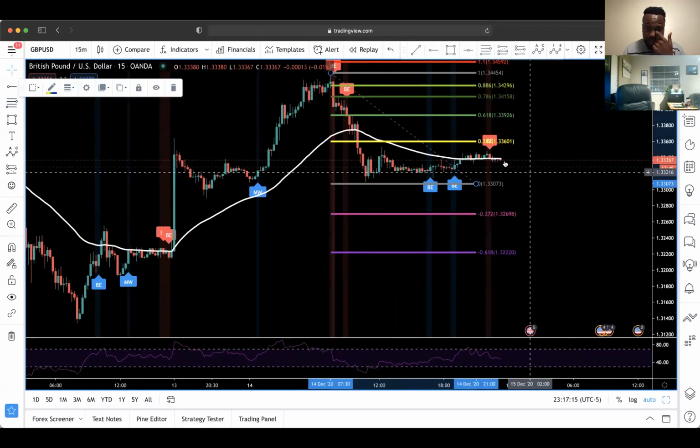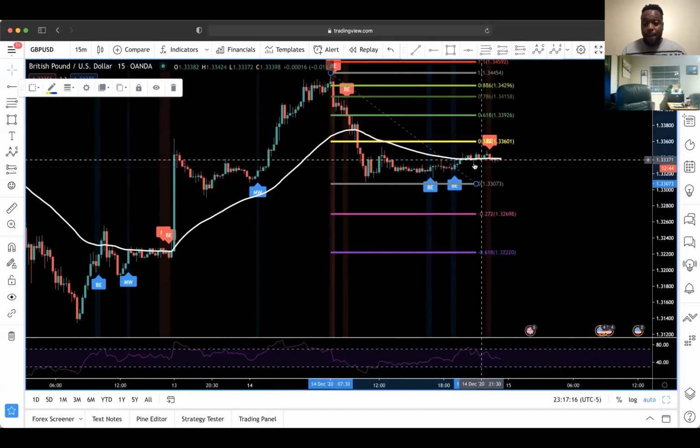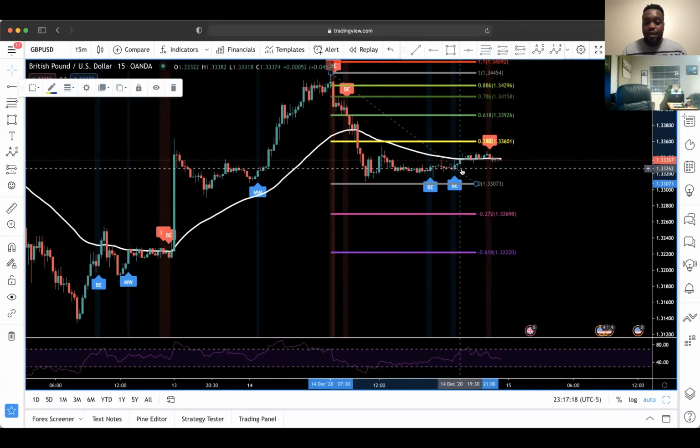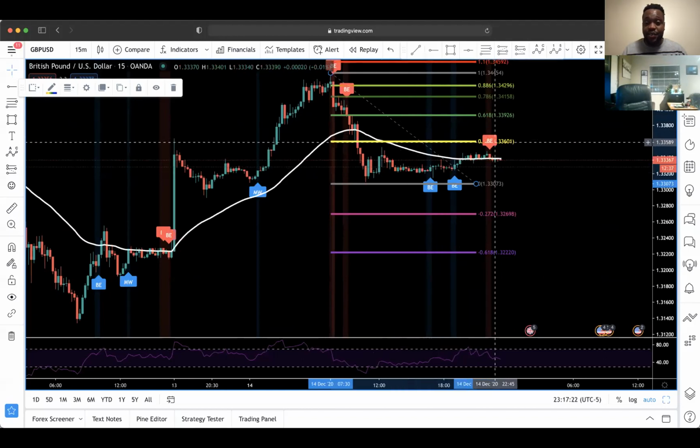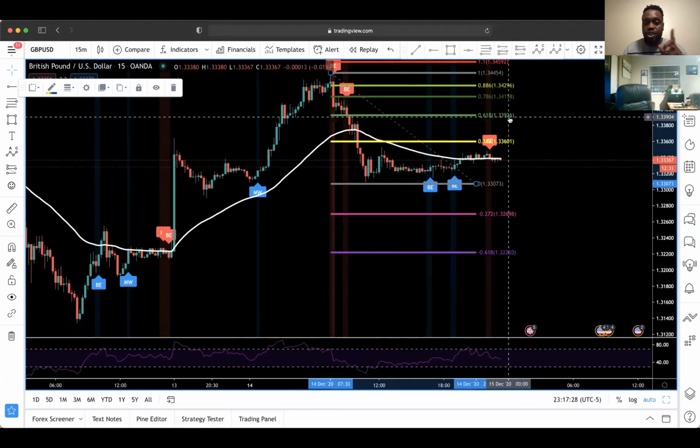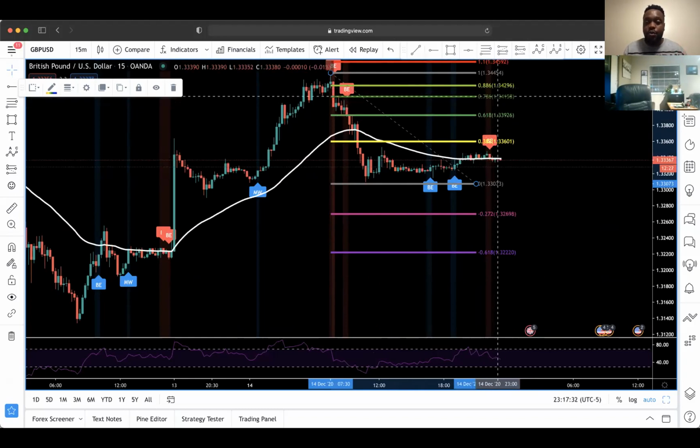Now it looks like to me that this time frame may be finding resistance at this 382. But just knowing how the market works, I still expect one more strong push up. And that strong push up is going to put me into this zone. And that strong push is actually why I set my pending orders and go to sleep, right?